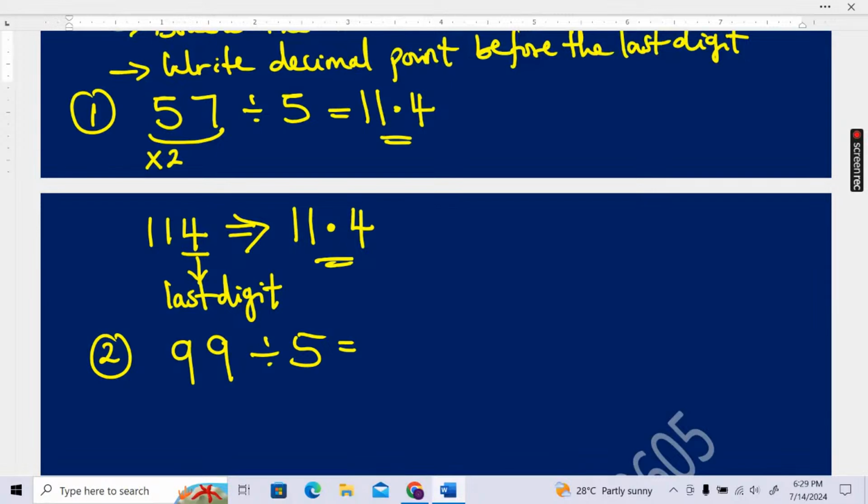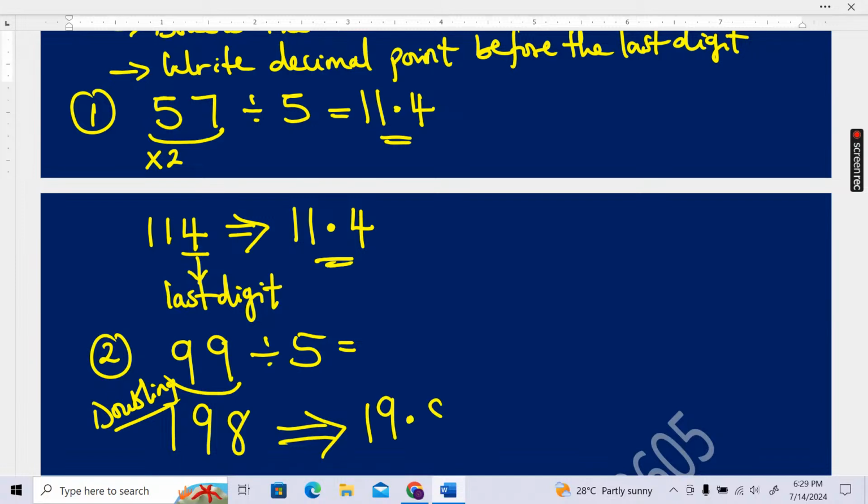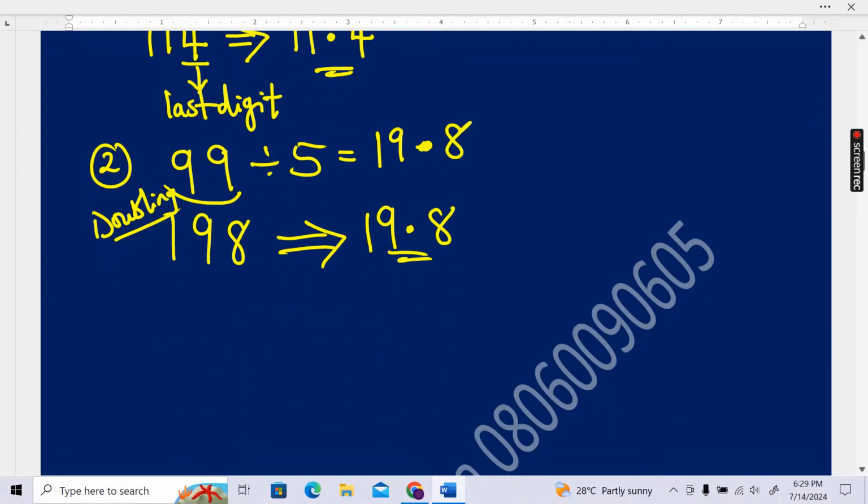When you double 99, you're going to have 198. Then introduce a decimal point before the last digit. That will give us 19.8. So 99 divided by 5 is equal to 19.8. This same method is applicable to dividing large numbers by 5.